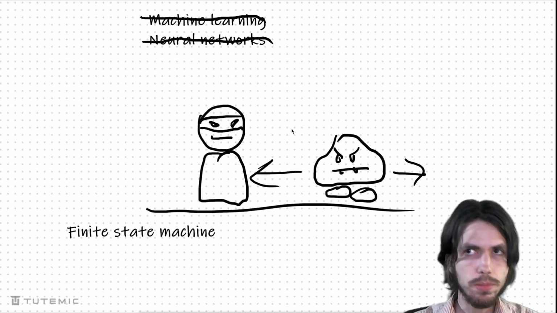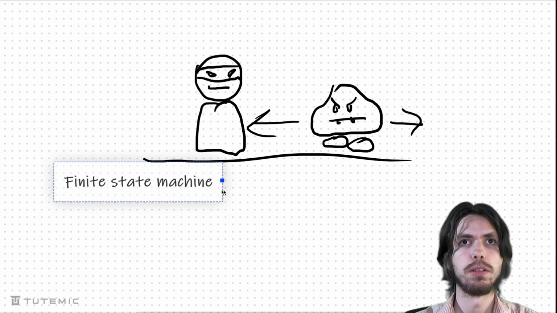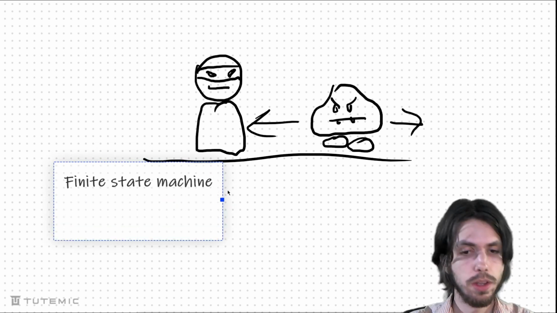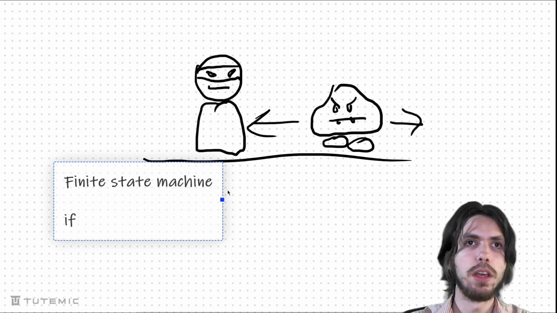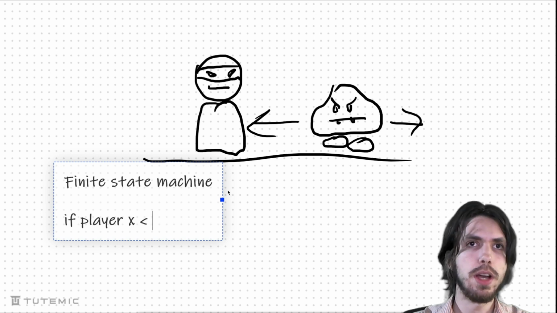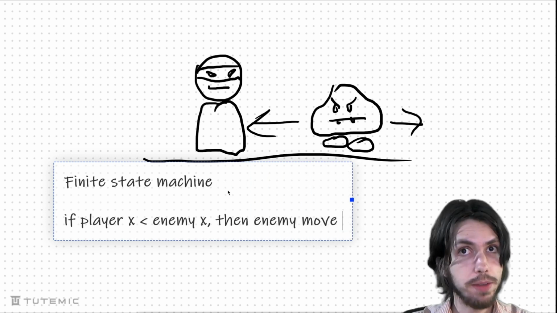Well, perhaps you would define your state machine with the following pseudocode. You would say something like, if the player's X position is less than the enemy's X position, then the enemy is in the move left state, right?